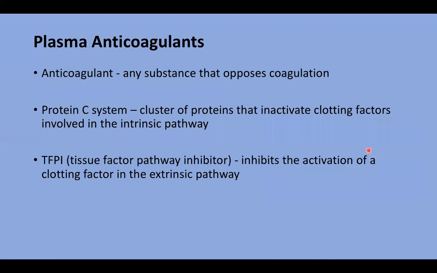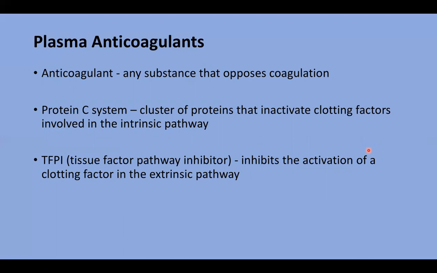Now, there are some plasma anticoagulants that we have that, in addition to the inactive form of all these enzymes being in circulation and needing to be activated in order for blood clots to form, are going to oppose improper coagulation or improper blood clot formation. The first one is called the protein C system.